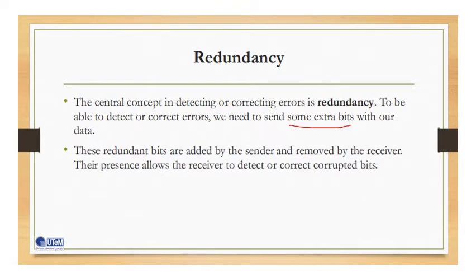We add these extra bits to our data. These redundant bits are added by the sender and removed by the receiver. This redundant bit is just for error detection and correction. Their presence allows the receiver to detect and correct corrupted bits.